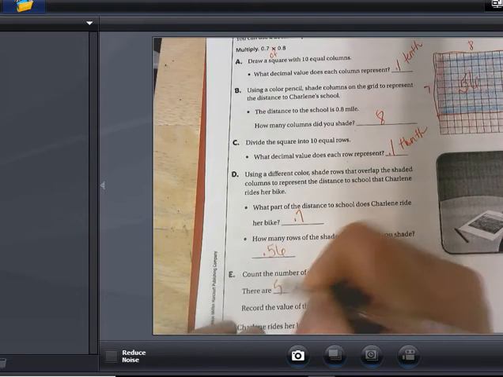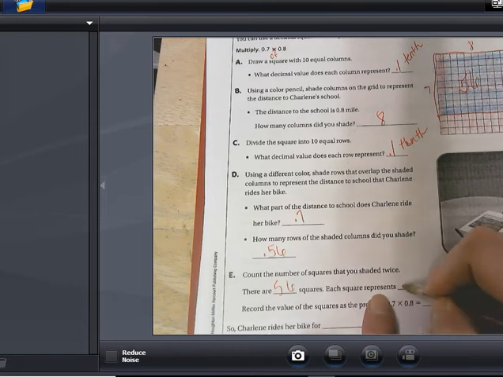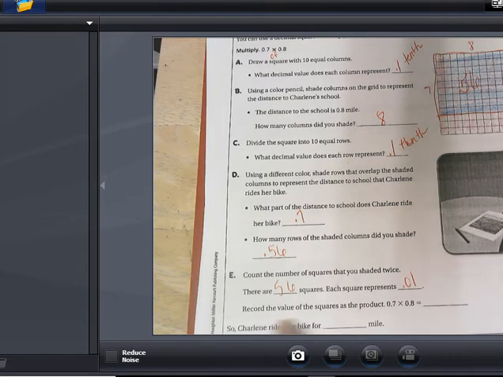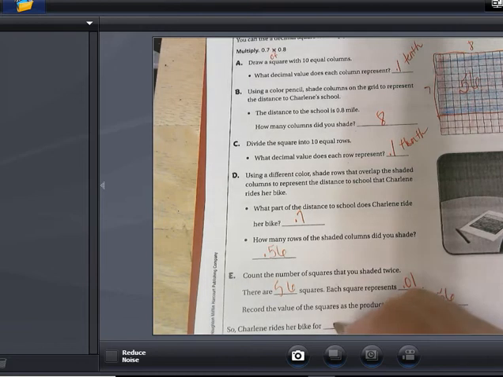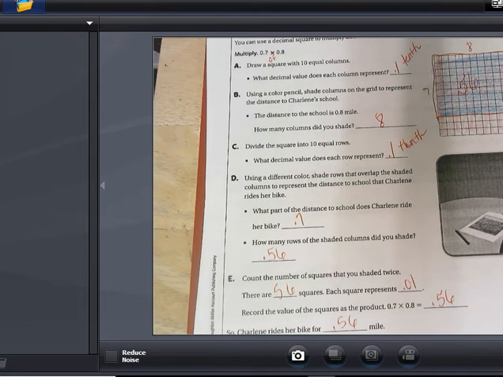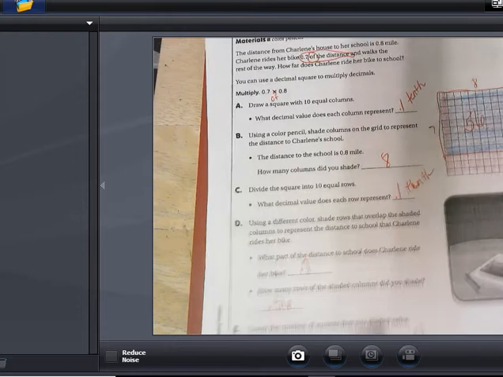There are 56 squares. Each square represents a hundredth, so this is 56 hundredths.